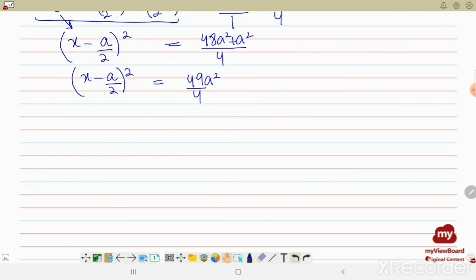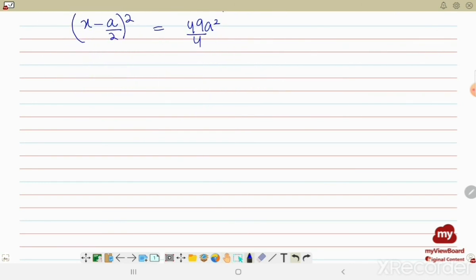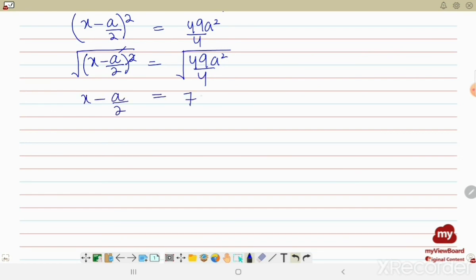Since we have to get rid of this whole square, what we'll do is take the radical sign, squaring both sides, taking square root on both sides. So the square will get cancelled by the root. x minus a by 2 equals plus minus 7a by 2.